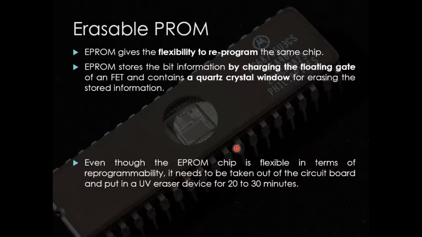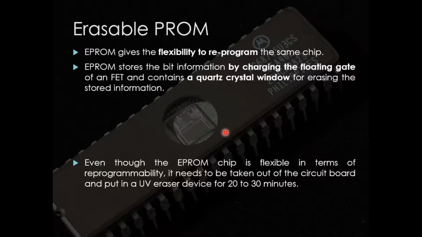As you can see here in the background of my slide, this is the erasable PROM chip. So here you have a quartz crystal window where my chip is directly seen from here, right? So you can make use of this quartz crystal window for erasing the stored information.